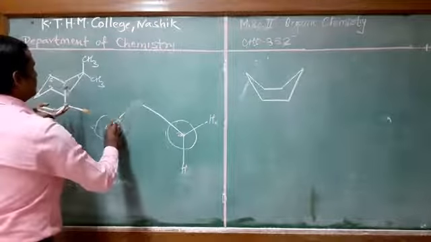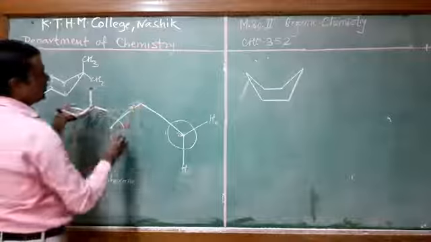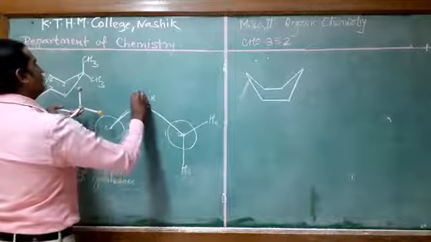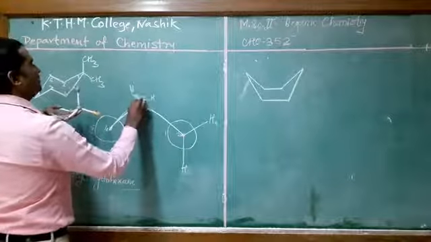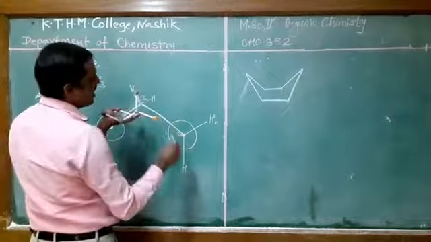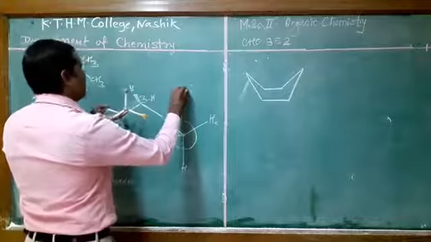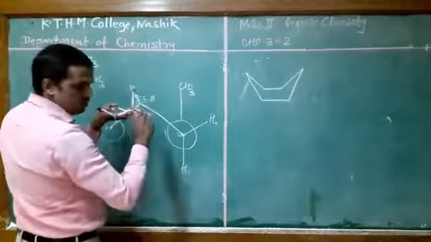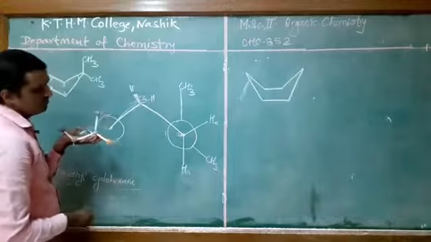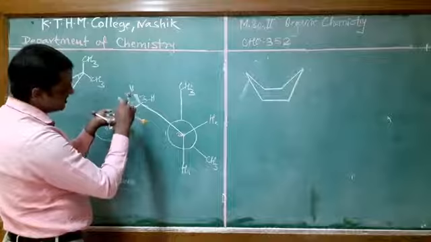Similarly, carbon number 4 is connected to carbon number 3 in the upward direction. Carbon number 3 has 2 hydrogens in this way. But carbon number 1 has an axial upward direction CH3 group, and a downward direction CH3 group on the right hand side. At the third position, in the downward direction, it is connected to the next carbon.